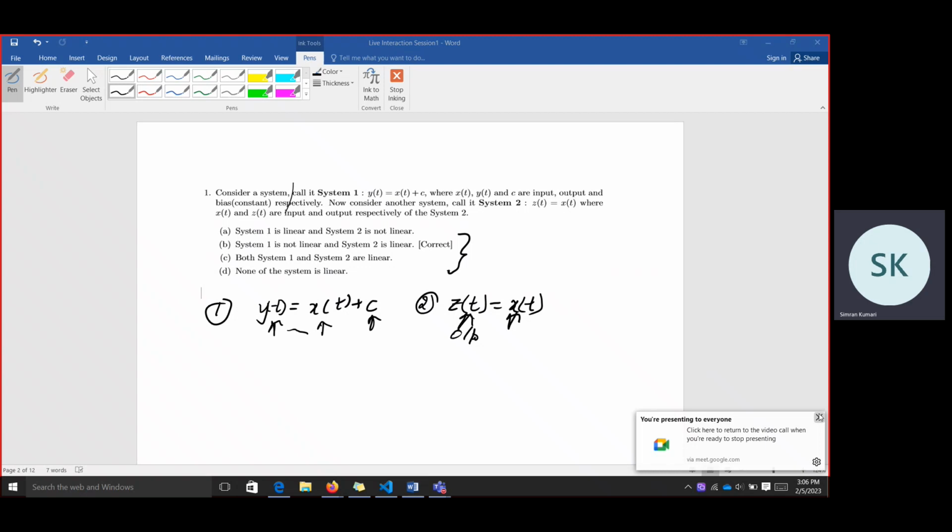If the system satisfies that property, that means the system is linear. Otherwise, we can say it is not linear, it's a non-linear system, or maybe it may be an affine system also.